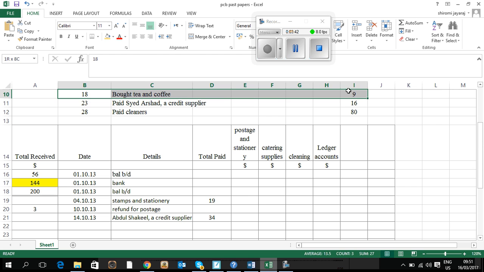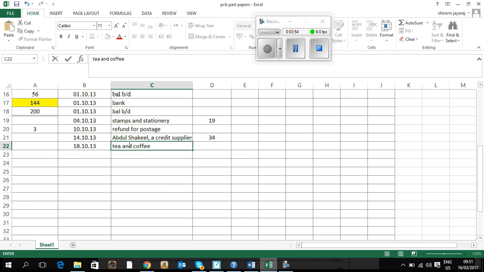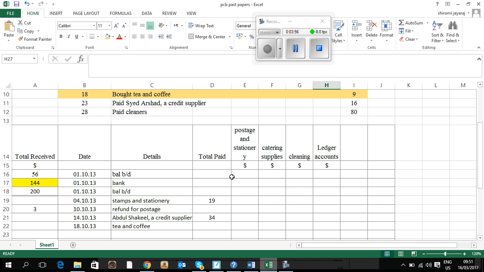Eighteenth, bought tea and coffee. Let's move to 18/10/13. Tea and coffee. The value of tea and coffee is 9.